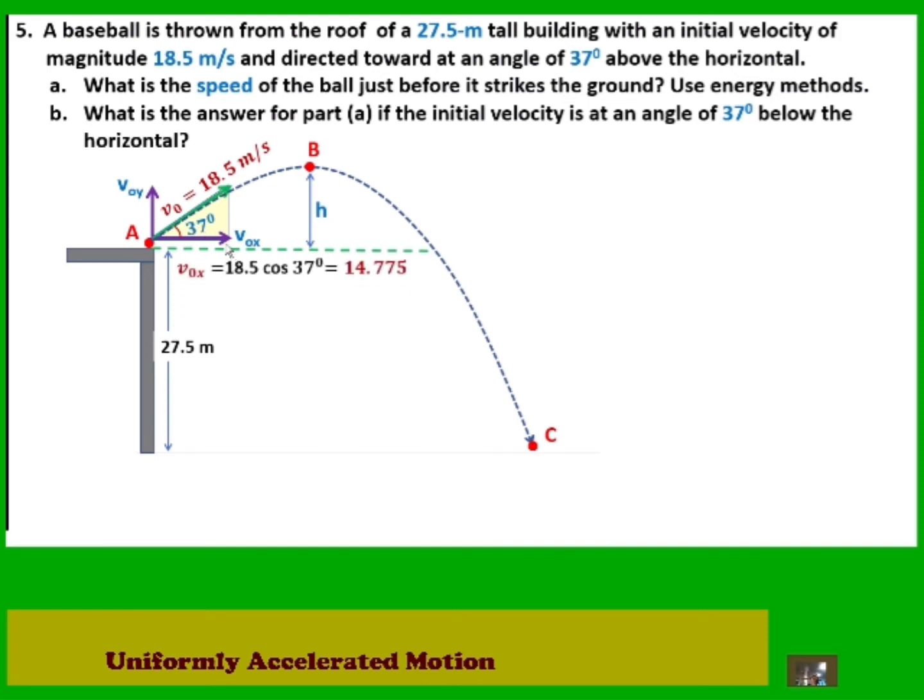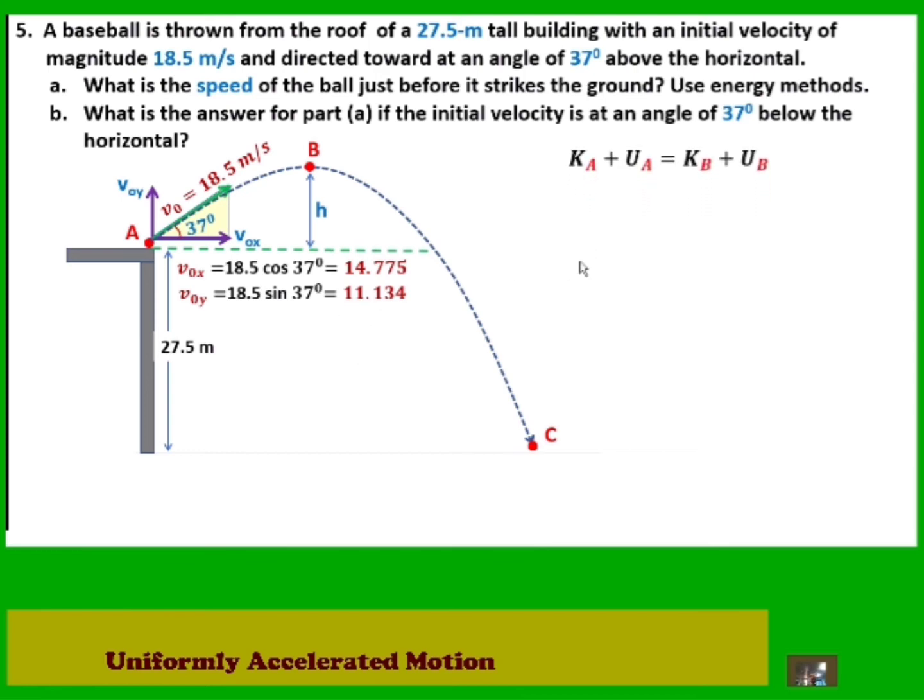For the x component, this is equal to the hypotenuse times the cosine of the angle. The hypotenuse is 18.5. So the x component is 14.775. The y component is equal to the hypotenuse 18.5 times the sine of 37 degrees, which is 11.134.